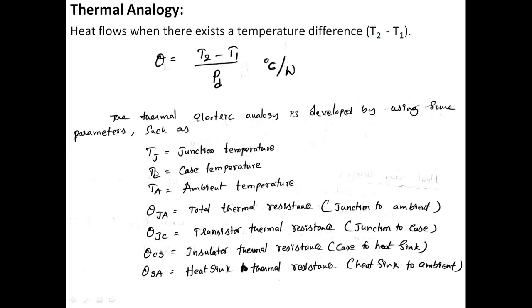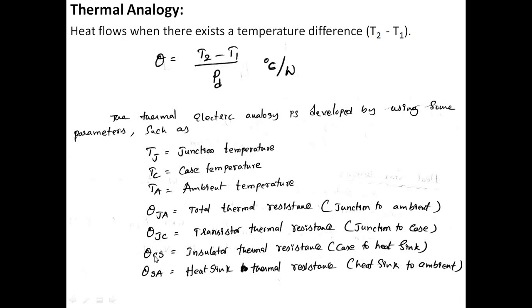This is the total thermal resistance available from junction to the outside ambient. Second one, theta Jc. Theta Jc is the transistor thermal resistance which exists in between the junction and the case.